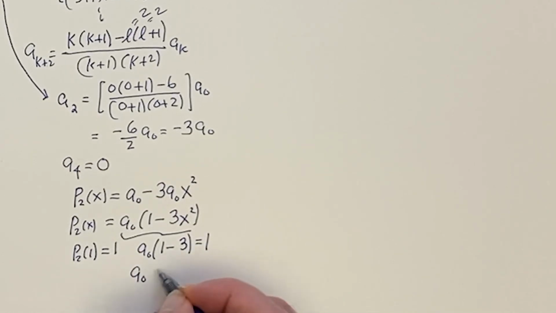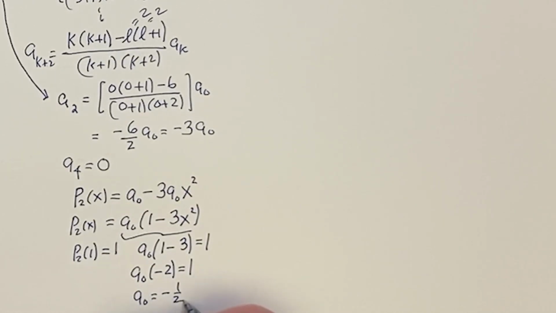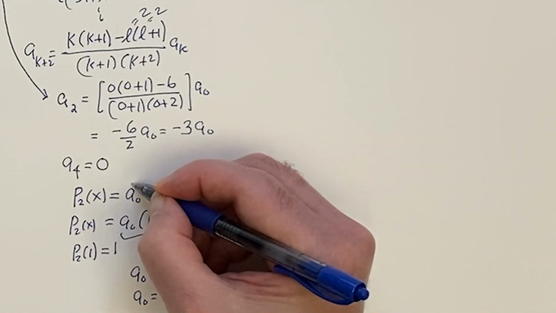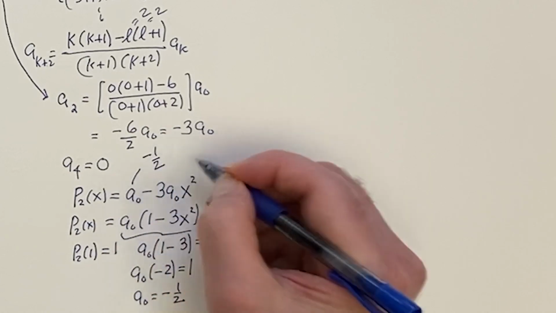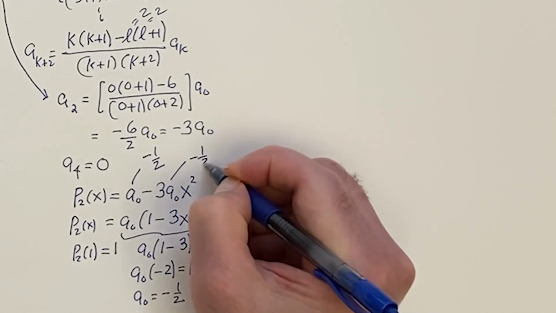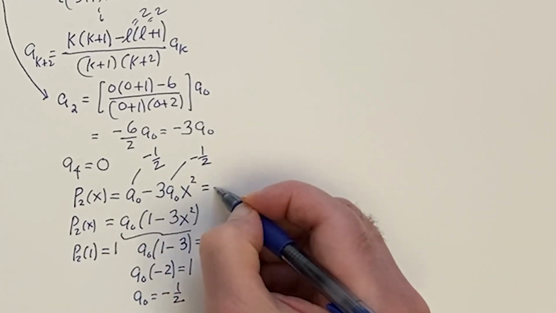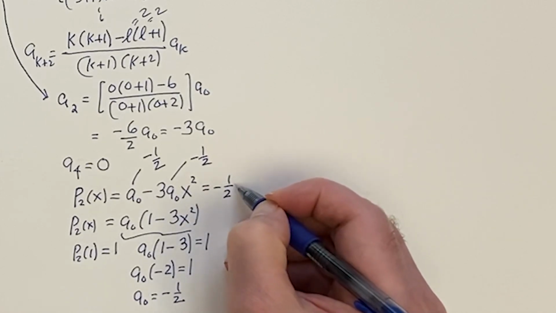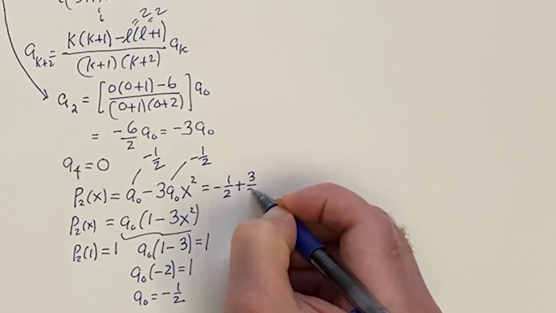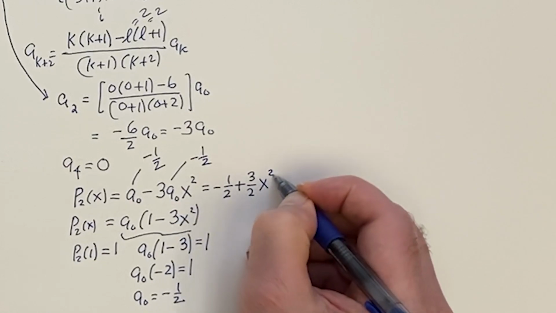So a0 times minus 2 has to be 1. a0 has to be minus 1/2. So if a0 is minus 1/2, then this is going to be minus 1/2 plus 3/2 x squared.